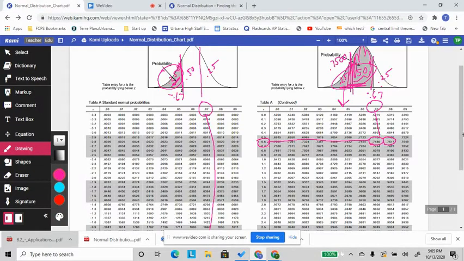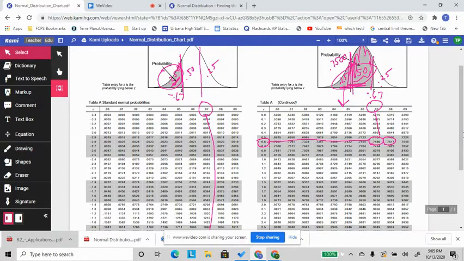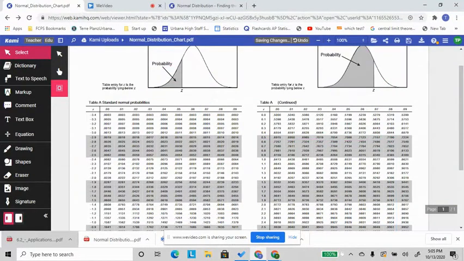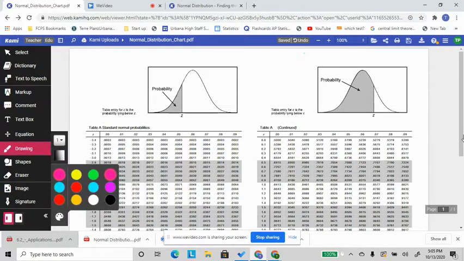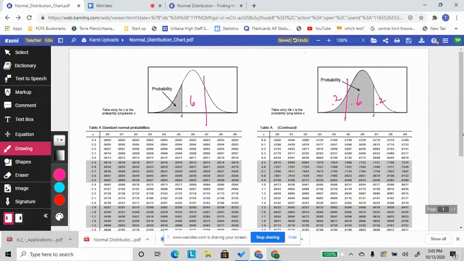Go over to my distribution charts, clear everything out. So this was a 60. And that's a 20 then, and a 20. So over here, I'm looking up 2,000.